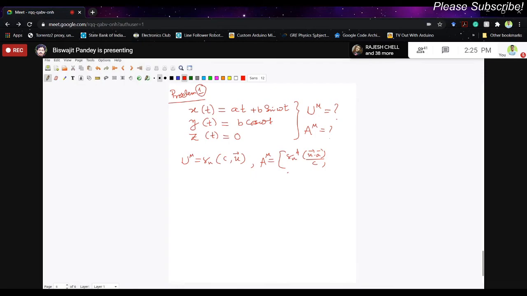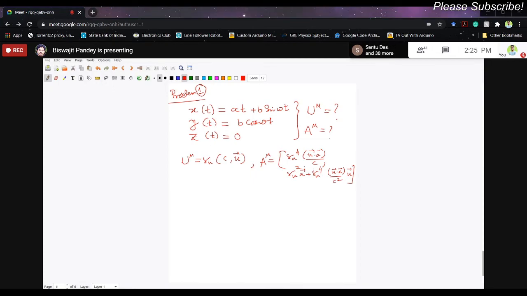So this is a simple exercise, but of course you have to be careful. I'm leaving this as homework, because I hope once x, y, z are given, all of you can use these functional forms to calculate four velocity and four acceleration.